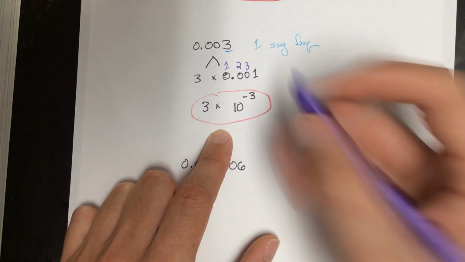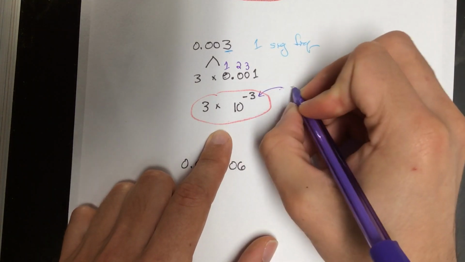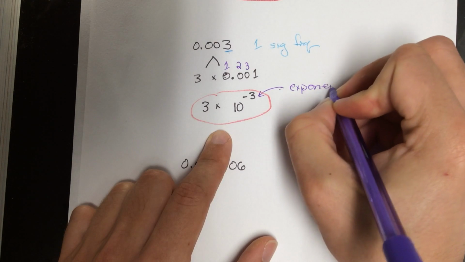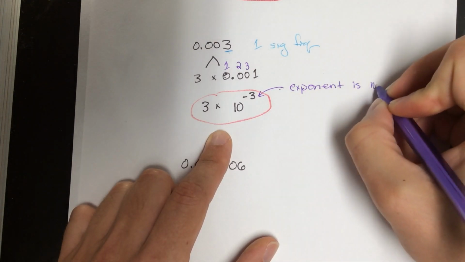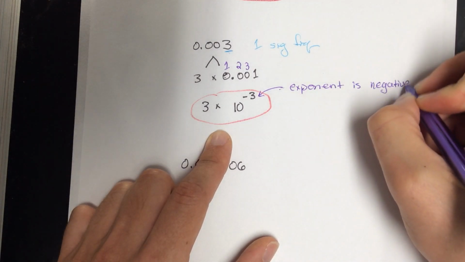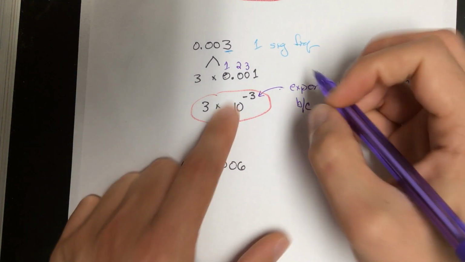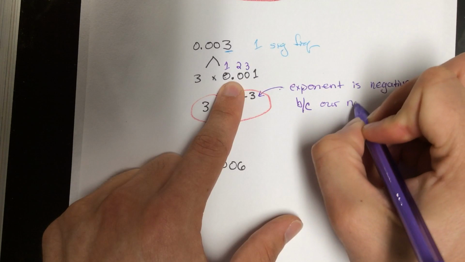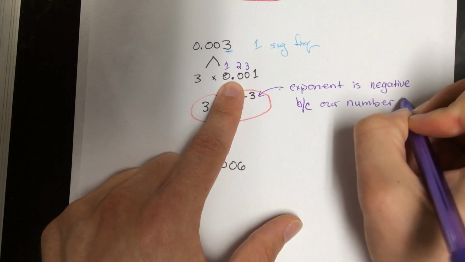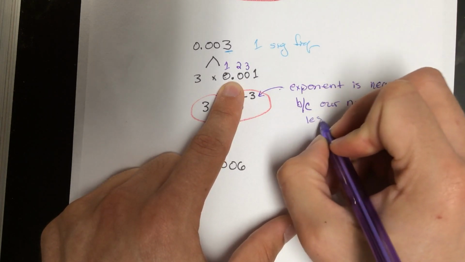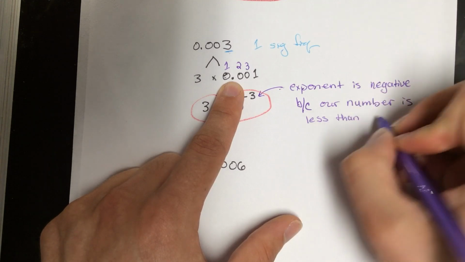And remember that this exponent is negative because our number is less than 1.